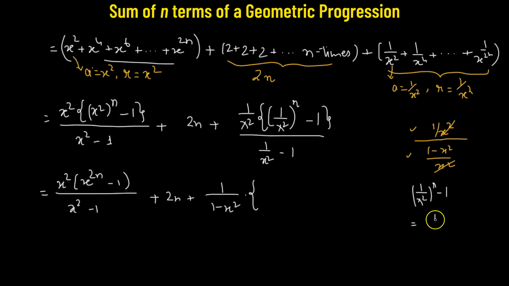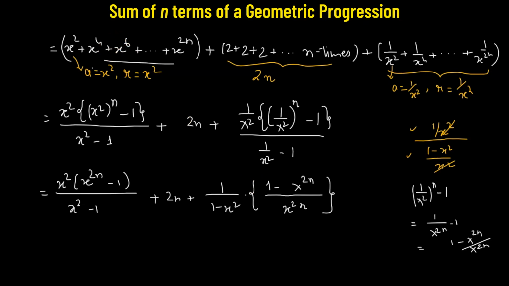This can also be expressed as 1 over x raised to the power of 2n minus 2, which becomes equal to 1 minus x raised to the power of 2n divided by x raised to the power of 2n. And that means we will have 1 minus x raised to the power of 2n divided by x raised to the power of 2n.